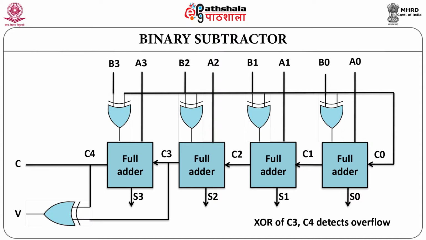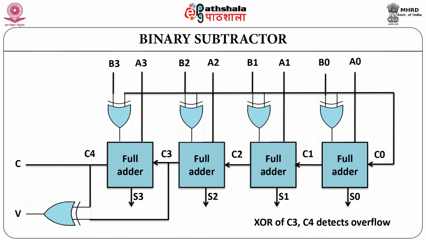The circuit diagram is basically the same as that of the binary adder. The only thing is the ones complement is first obtained for the subtrahend B0, B1, B2, B3. That is done by exclusive OR gates, and then it is added to the input of one of the full adders. This is done bitwise.